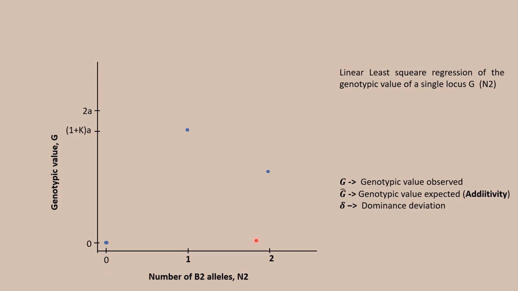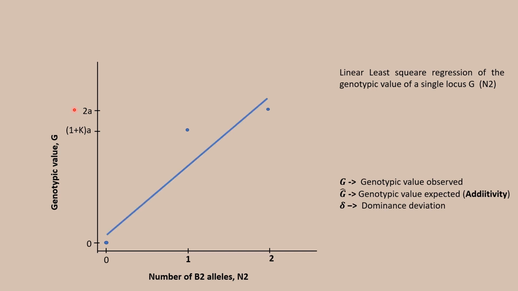On the y-axis, I represent the genotypic values for the homozygotes, with a scale between 0 for genotype B1B1 and twice a for genotype B2B2.